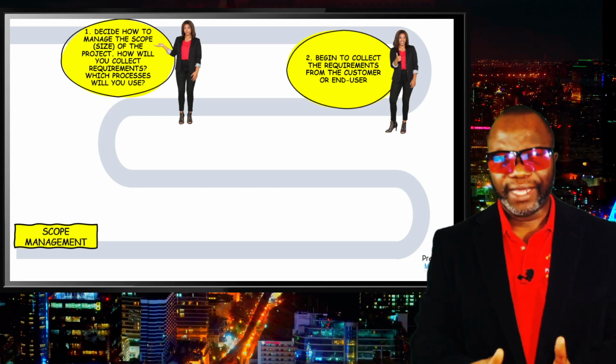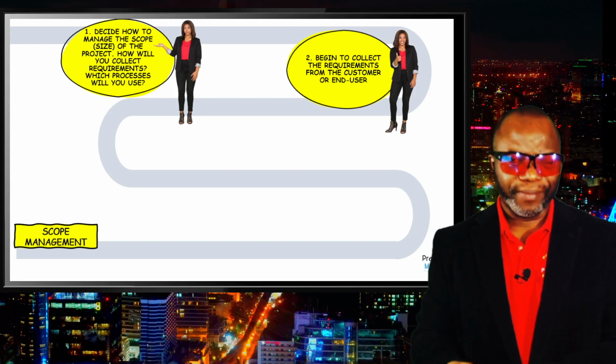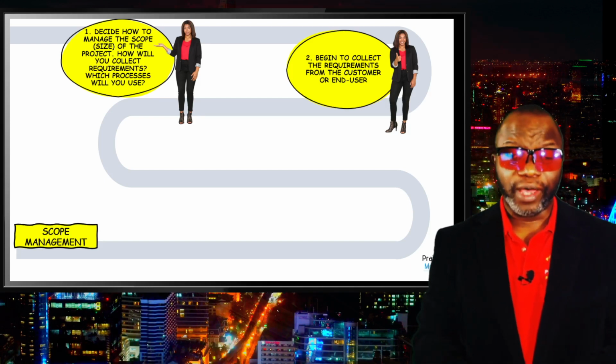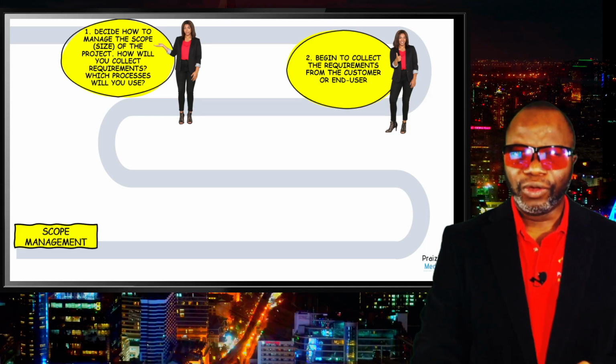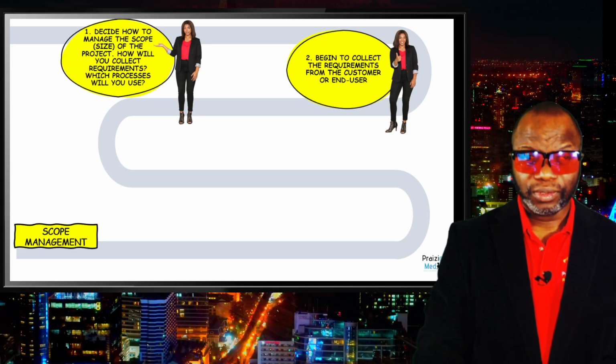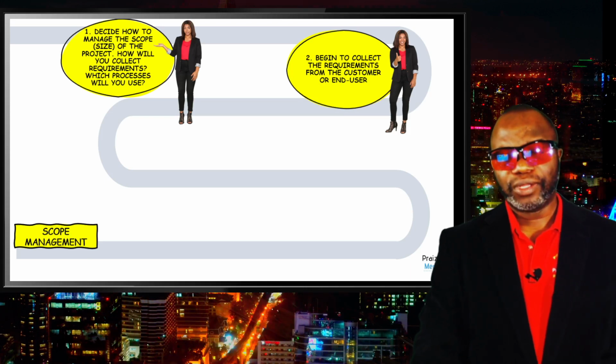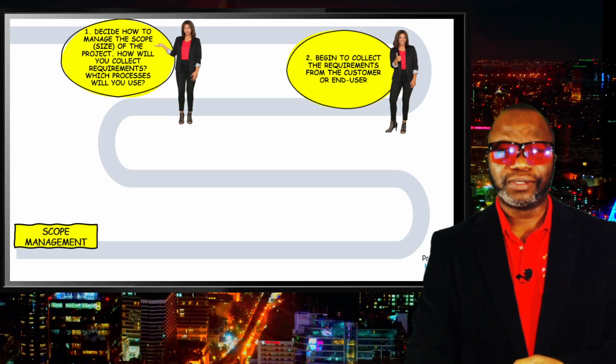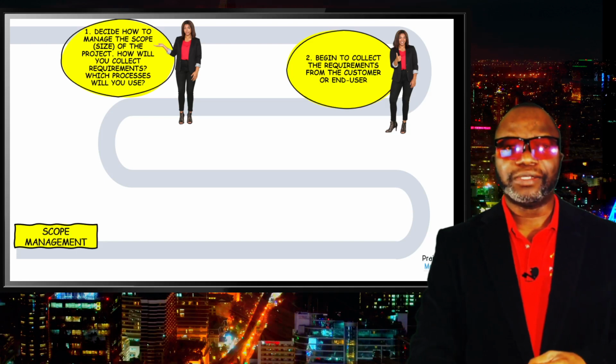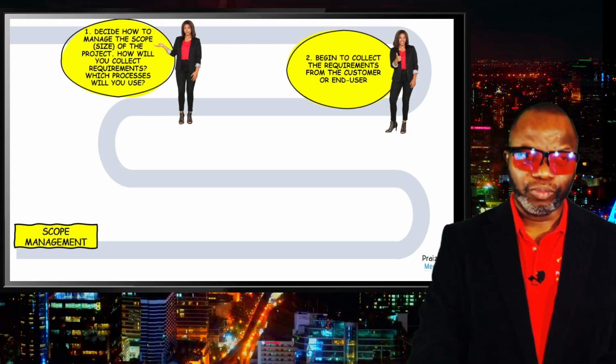Now, this is requirements. Based on the requirements, we know the scope of what needs to be done. Based on the product requirements, we understand the project scope.